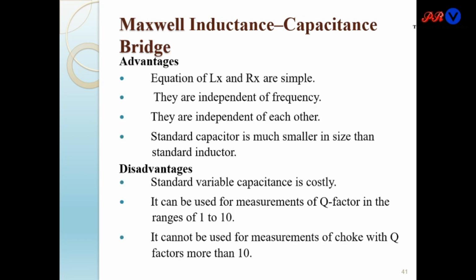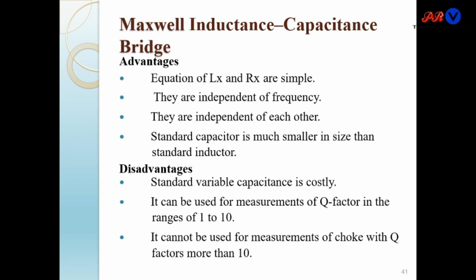Advantage: equations of Lx and Rx are simple, they are independent of frequency as omega does not appear in calculation of Lx and Rx. They are independent of each other: the Lx equation does not have Rx and the Rx equation does not have Lx. Standard capacitor is much smaller in size than standard inductor, so size of circuit becomes small.